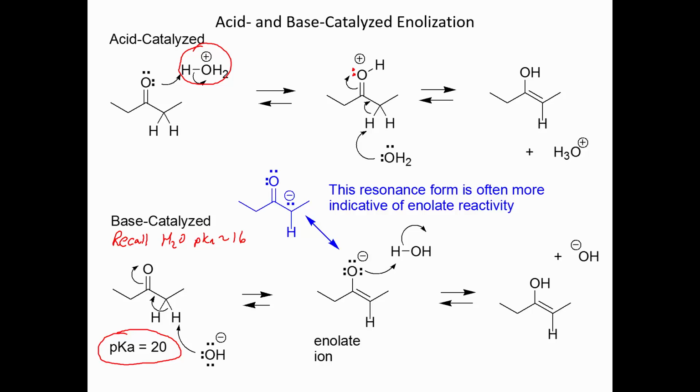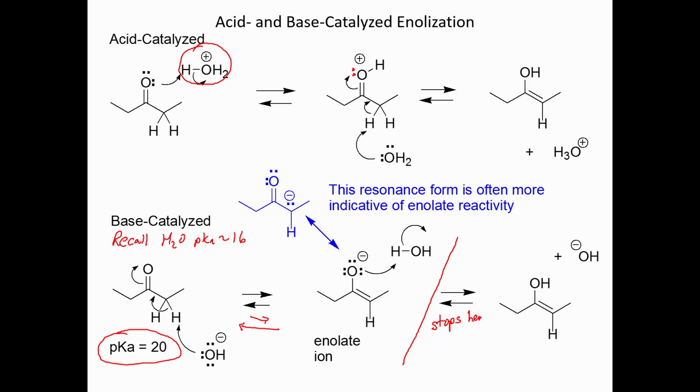Now, because water has a pKa that's lower than the ketone, this means that the reverse of this reaction is more favorable. We're going to encounter many bases where this process here is just going to stop.